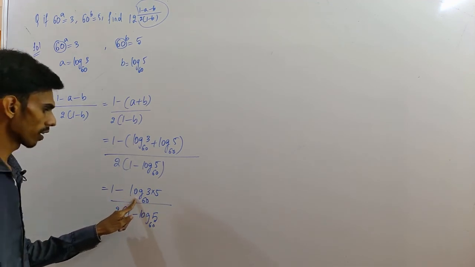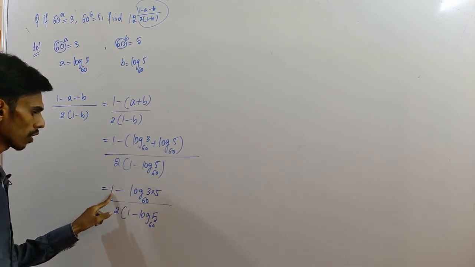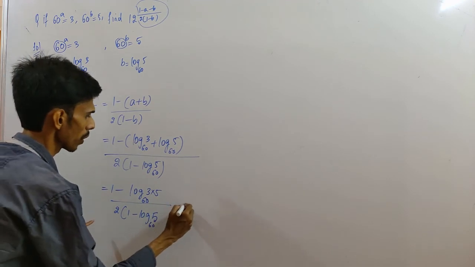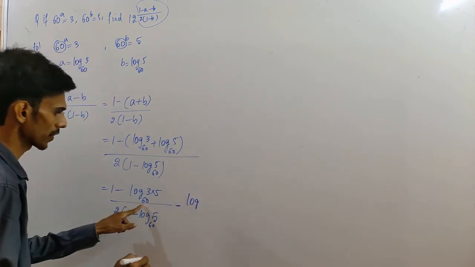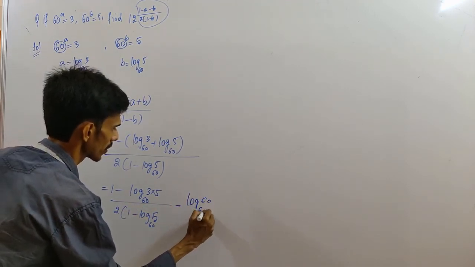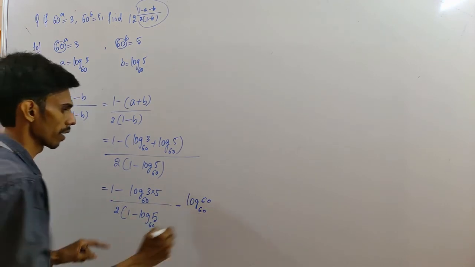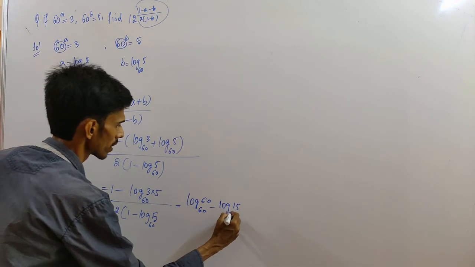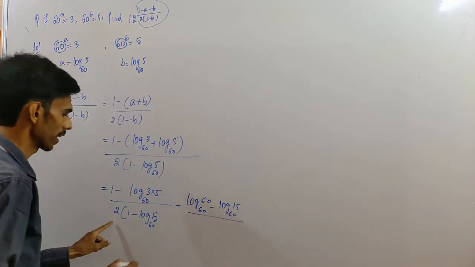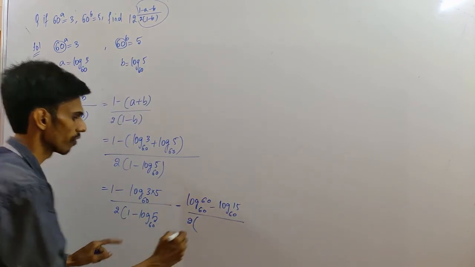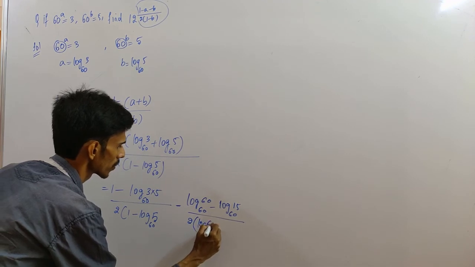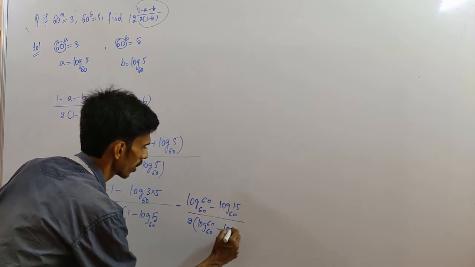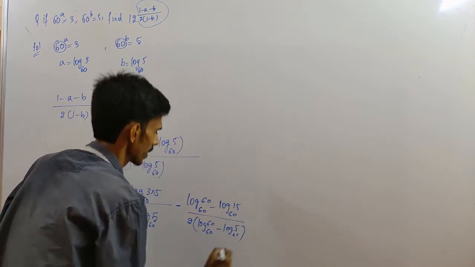Now here we have log. We can convert the 1 in terms of log only. So this 1 can be written as log_60 60. The value of this is 1 minus log_60 15, divided by 2, taking the value of 1 as log_60 60, minus log_60 5.